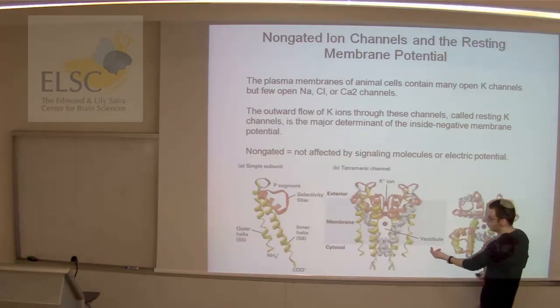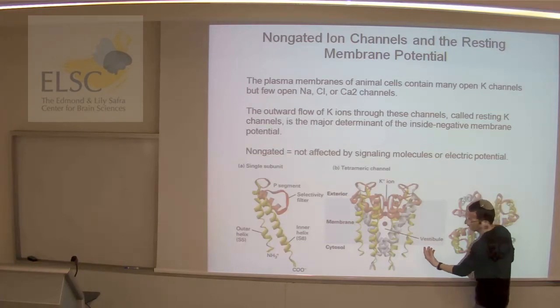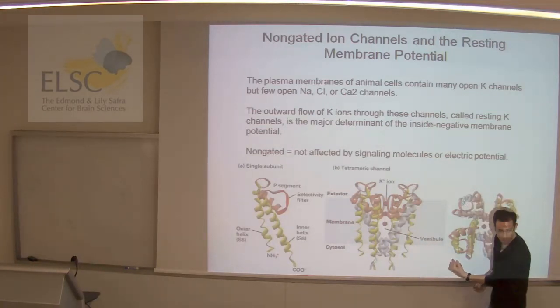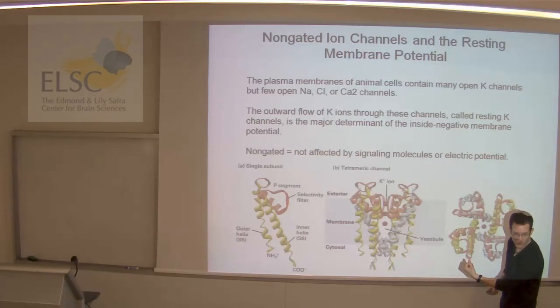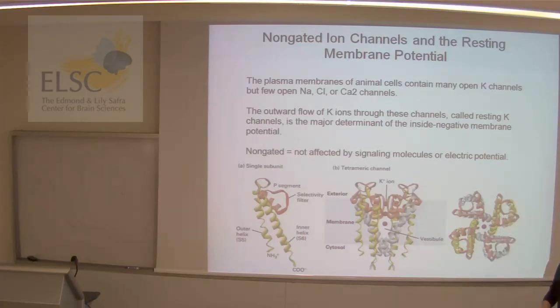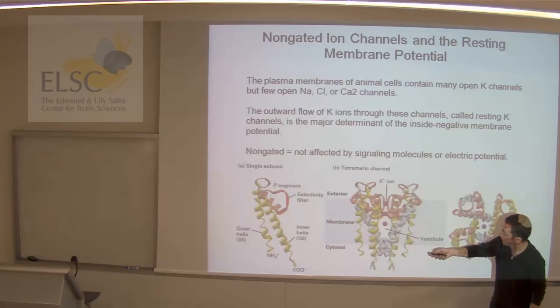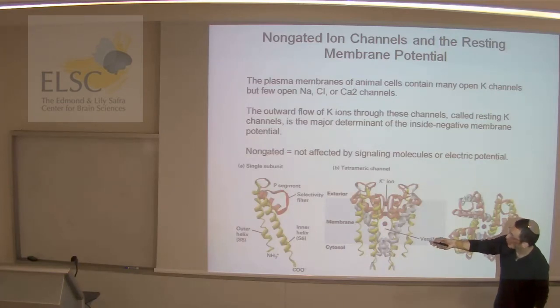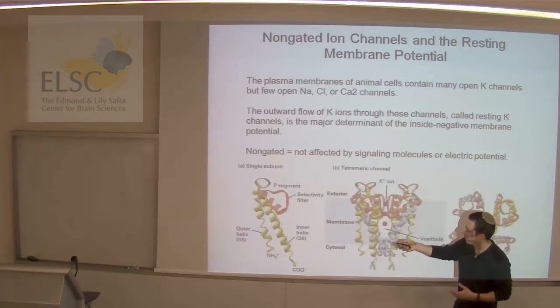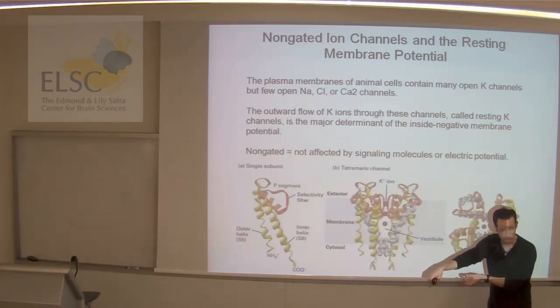Again, these 2 alpha helices, the 2 yellow alpha helices, are the transmembrane regions of the protein, and between them the P segment links them both and bends into the cavity of the protein.